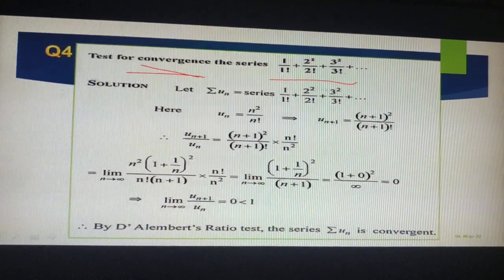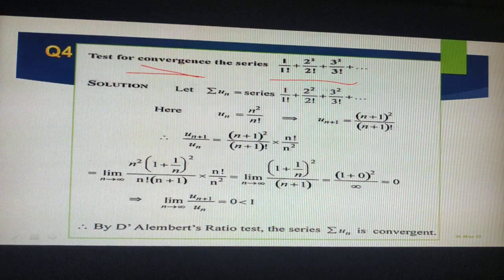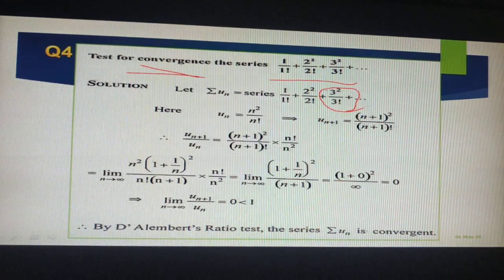Okay, so as you know, all terms are not in powers of some power, otherwise you would have to use Cauchy's nth root test. So we are not using that, because by checking these factorials, it is better to take D'Alembert ratio test. So what will be the nth term here if it goes like that? Wherever n is there, for that the numerator is, if you see, in all terms 1 square, 2 square, 3 square, like that we are getting.